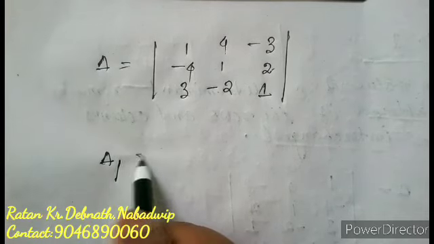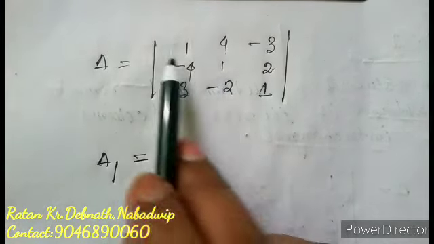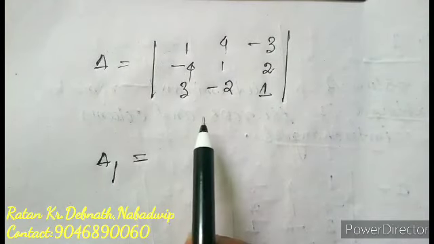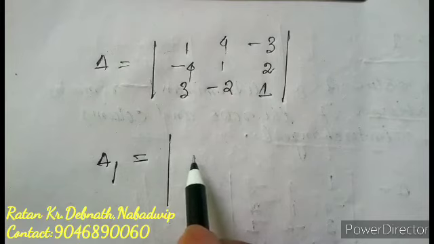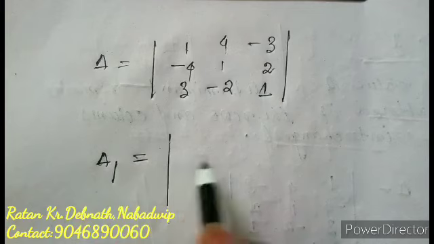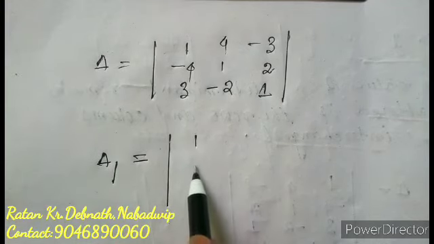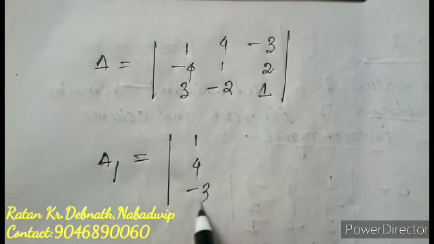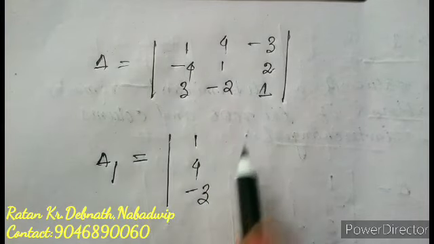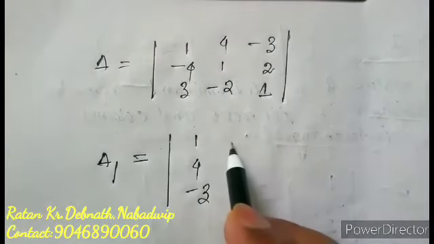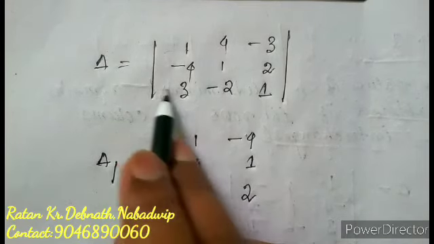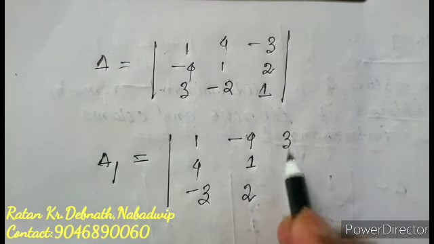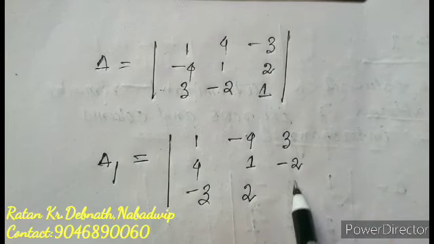By changing its rows into columns and columns into rows, we get another determinant and we call it delta 1. Now 1 4 minus 3, that is first row changed into first column, second row will be changed into second column, and third row will be changed into third column.